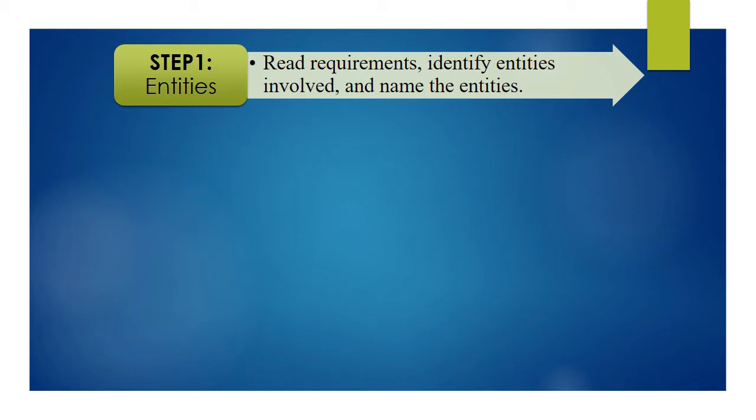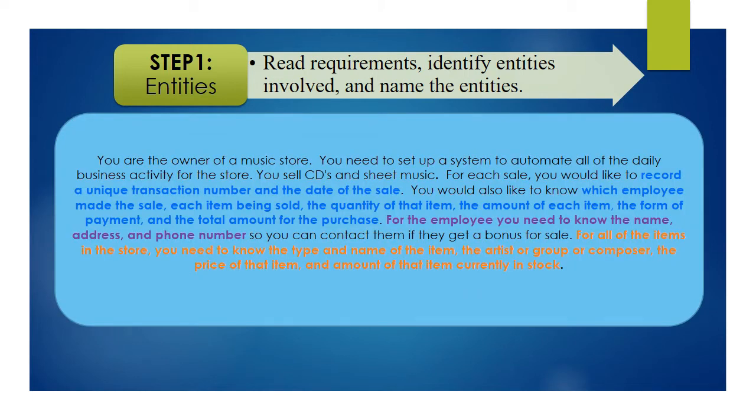Step 1 in the database design method is called entities. In this step, you read the requirements, identify the entities involved, and name the entities. What I like to do during this step is to highlight in different colors the major ideas while reading the scenario. This helps me determine the entities to start with. In this scenario, the first 3 sentences give an overview of the database.